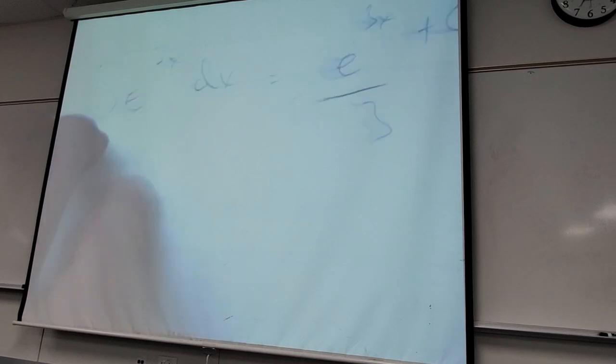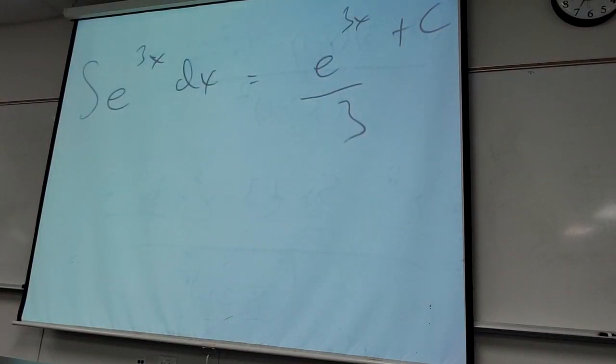So I just put it over 3. That'll kill the 3 that wants to come down. So if the inside is linear, you really don't need u sub's help. Is it okay if you use u sub? Yes. Use it. But I want you to realize I don't have to use u sub all the time. If it's just linear, I can make it work. It's just a constant that I've got to make work.